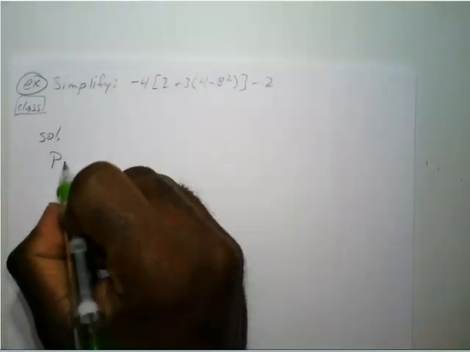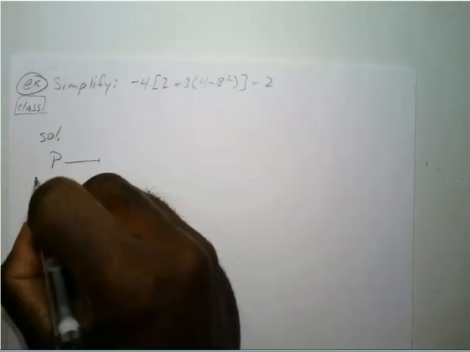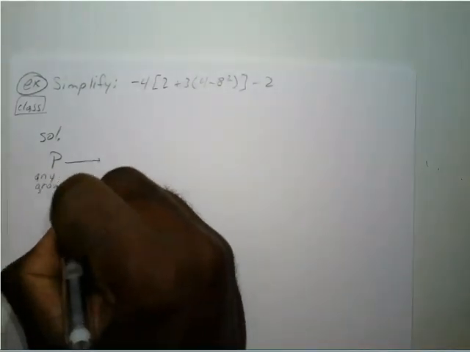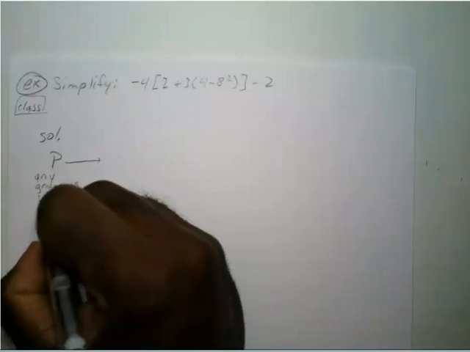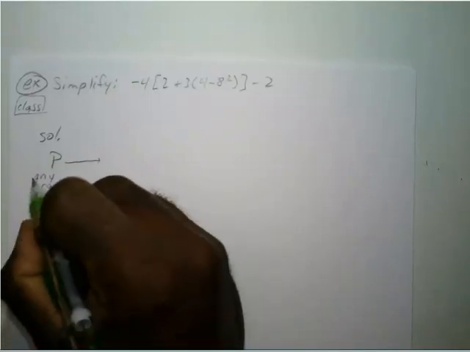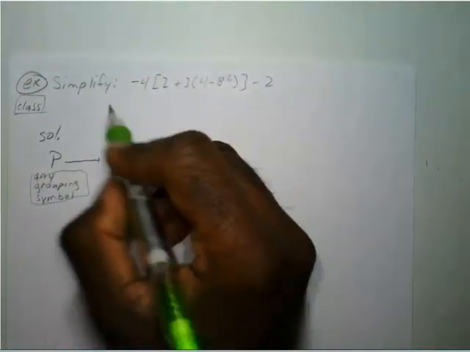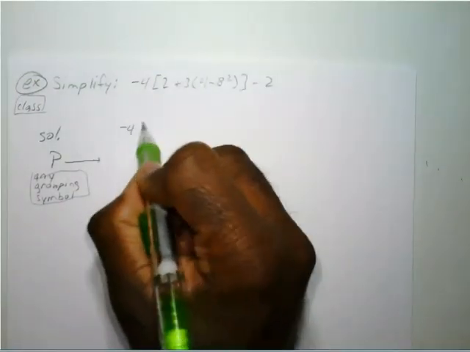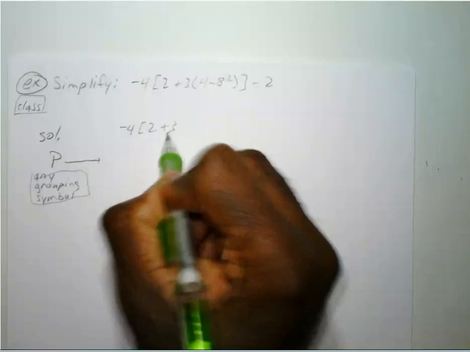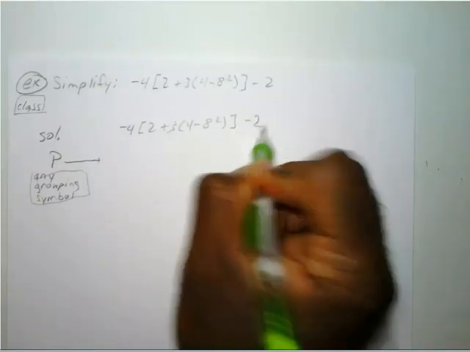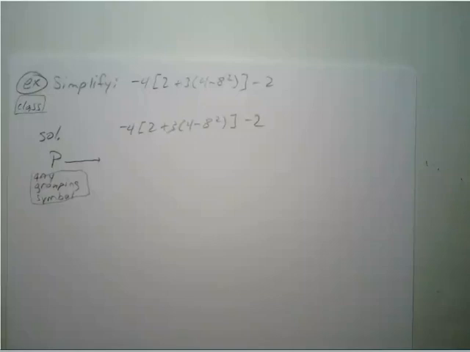Okay. So remember, your parenthesis means any grouping symbol. And in this case, it also means the bracket. So negative 4 times [2 plus 3 times (4 minus 8) squared] minus 2. Just go ahead and rewrite that.